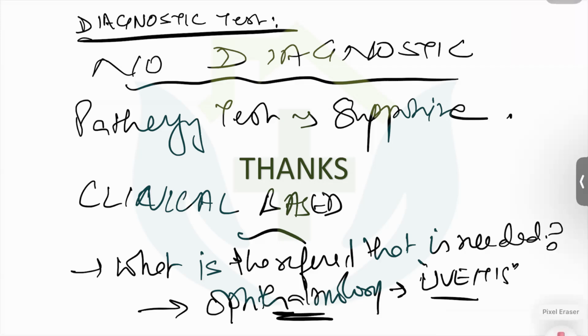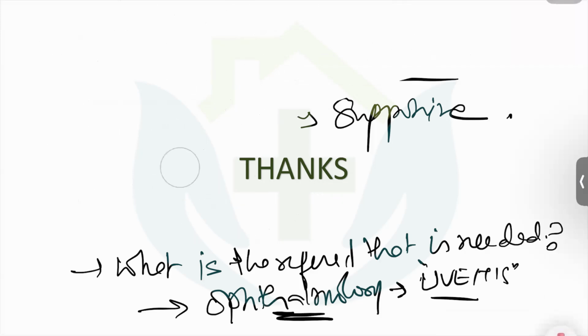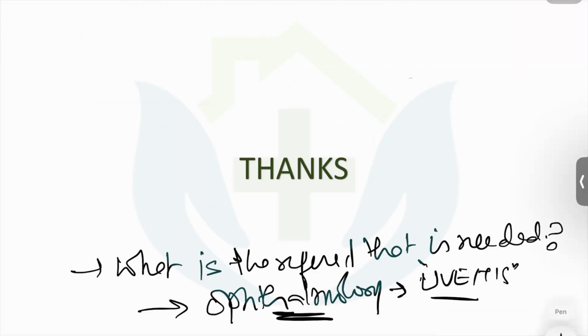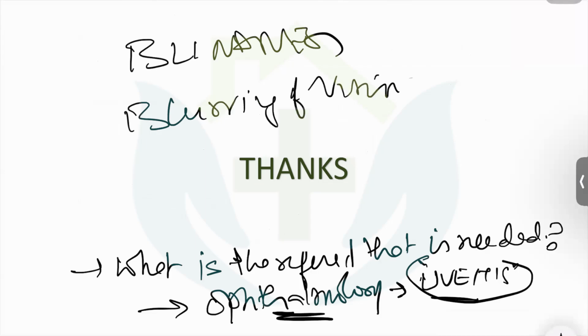Because it is a vasculitis, so there may be blindness. Yes, very good. So it may not only be uveitis troubling the patient, the patient may develop blindness. You must send this patient to the ophthalmologist because he said, I am having blurring of vision. He did not say that I have red eyes. He said he has blurring of vision. So the patient has blurring of vision, he has vasculitis.